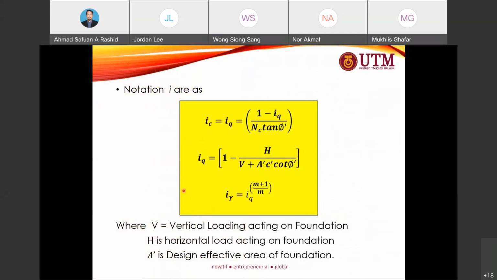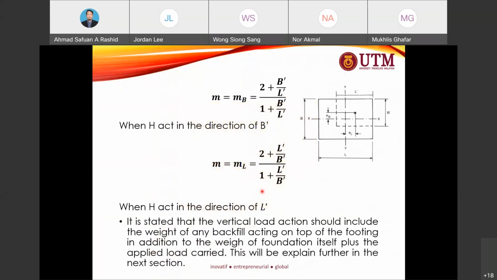So then we have the M. This is how we may calculate M_B and M_L based on, for example, the eccentricity. So they include the eccentricity in the calculation for the inclination.